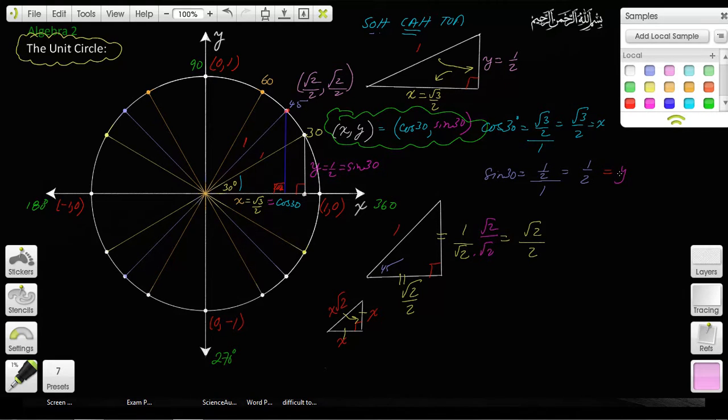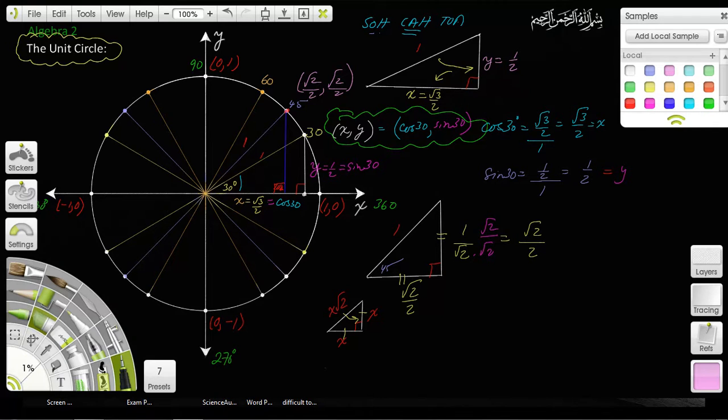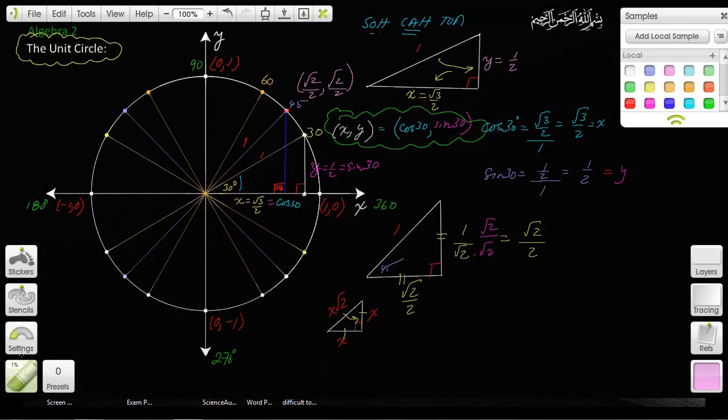And in the same way, this side is the x value, and this side is the y value. In this case, they're congruent, because it's an isosceles triangle. The x value and the y value are both square root of 2 over 2.